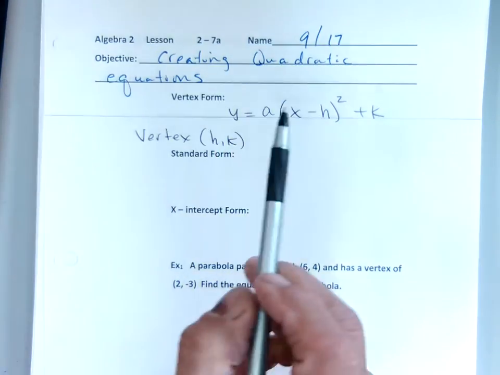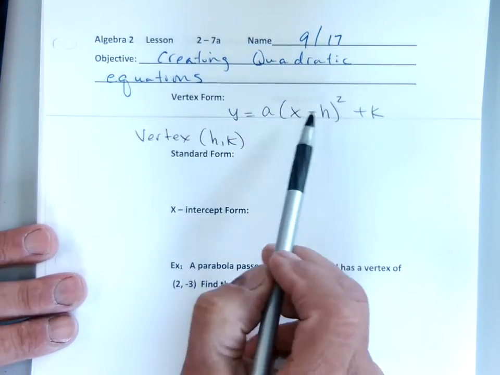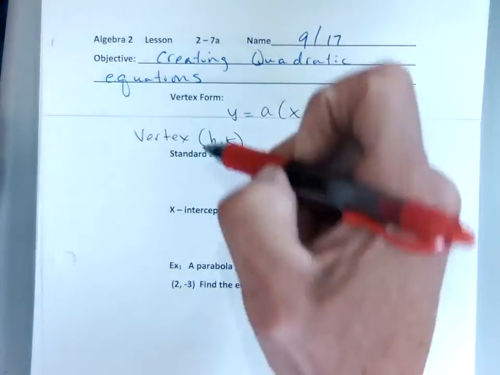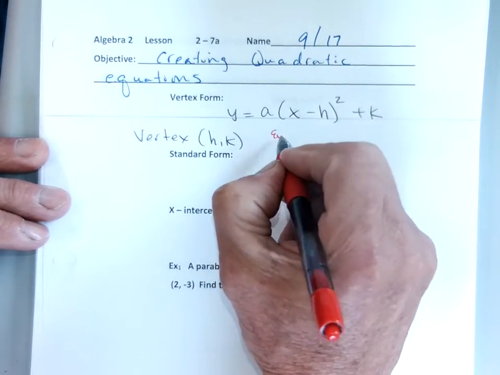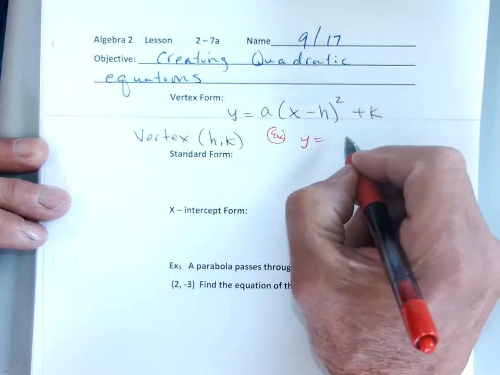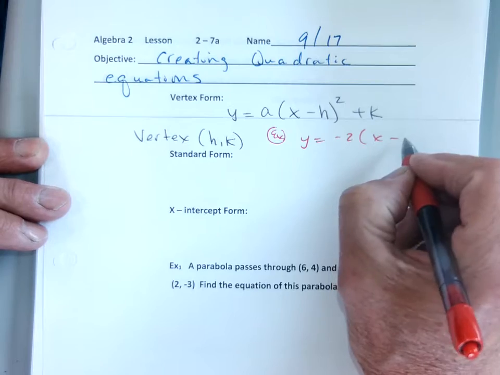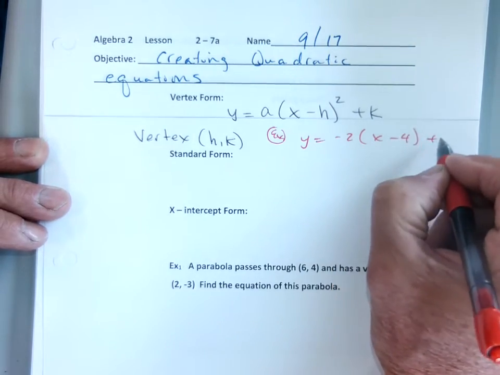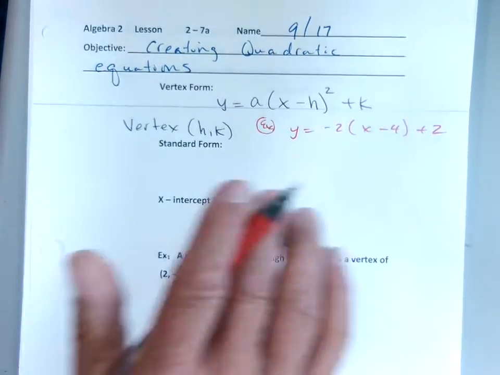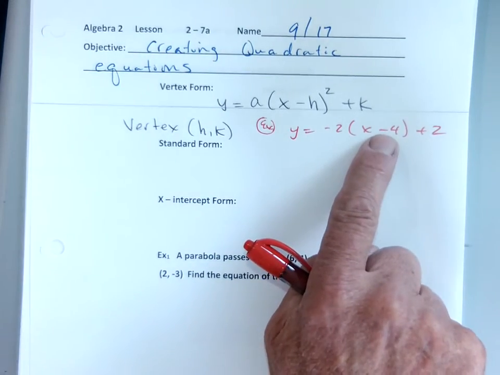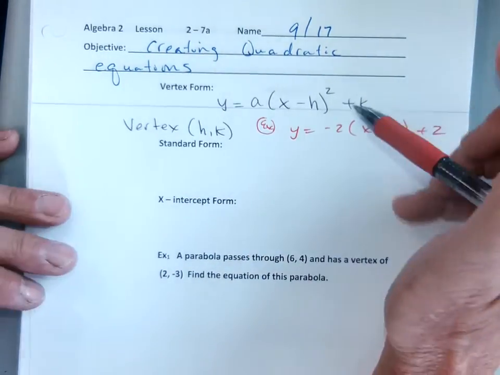So the vertex is always these two numbers. As an example, if I have y equals -2 times (x minus 4) squared plus 2, we know our vertex in this example is at (4, 2).